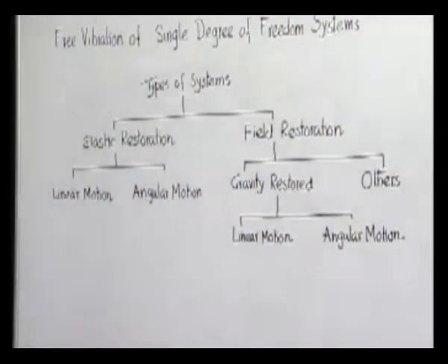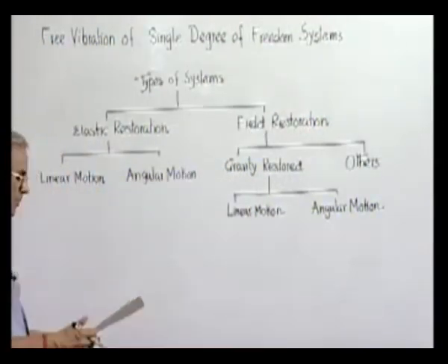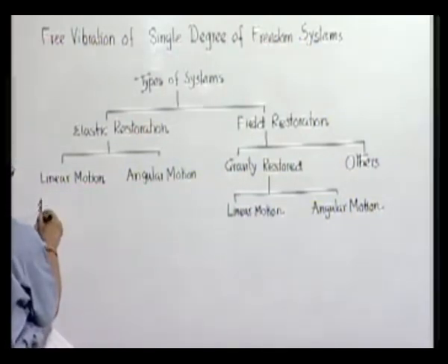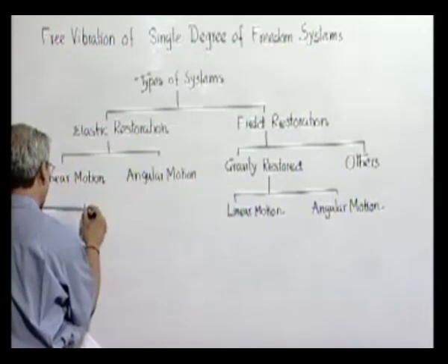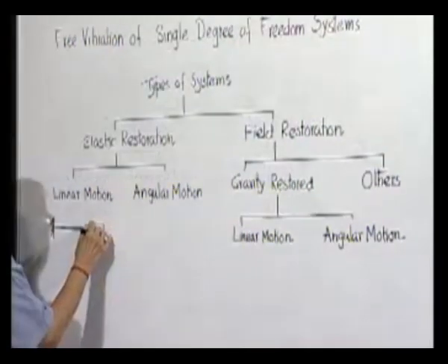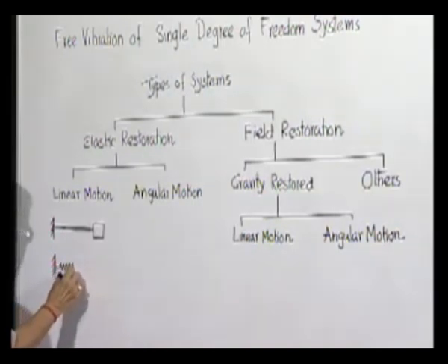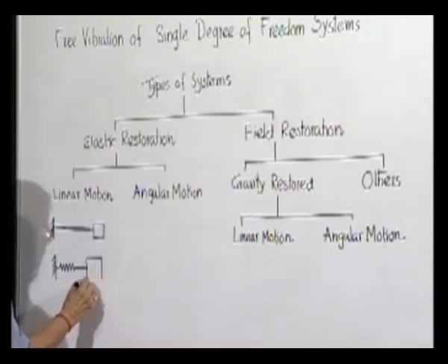So, what we will do is see the popularly encountered systems of these types. One example could be a cantilever thin beam carrying a mass at its end, or a parametrically non-parametric model of a system.